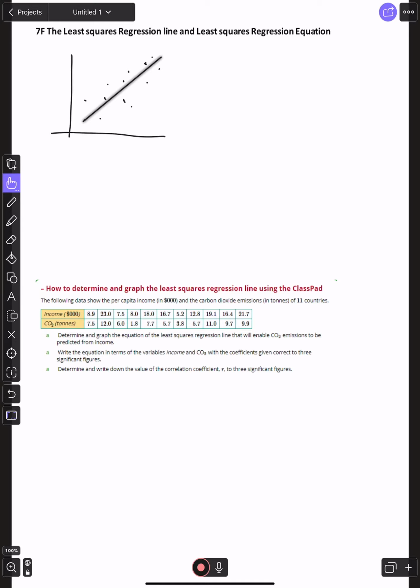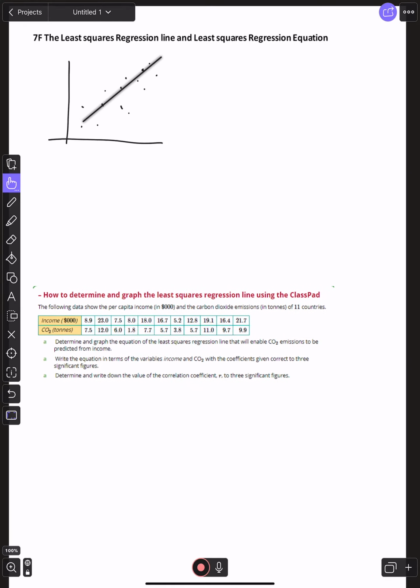So what we're going to do is let the calculator fit a least squares regression line to our data. So a least squares regression line.